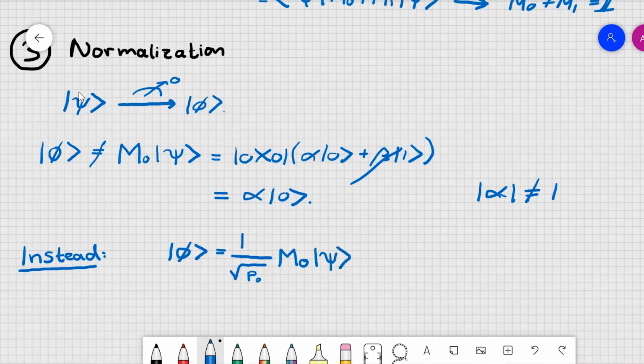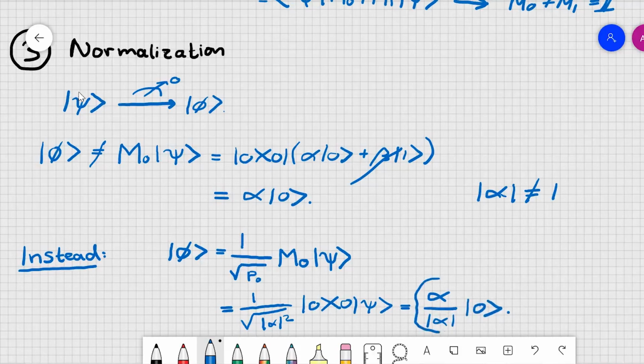And if we work this out, we will get 1 over the square root of the absolute value of alpha squared times the measurement operator |0⟩⟨0| times the state psi, which results in alpha over the absolute value of alpha times ket 0. Now the length of this vector is 1, and this prefactor will just lead to a global phase factor, which is unobservable, and we could therefore also leave it out.